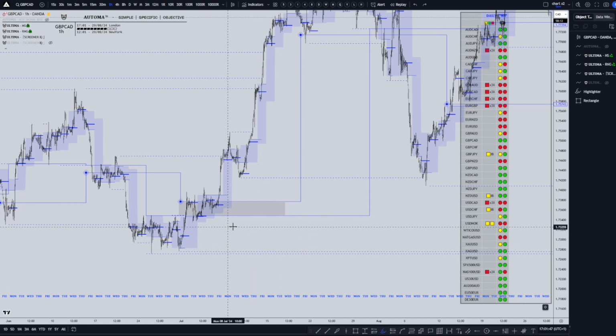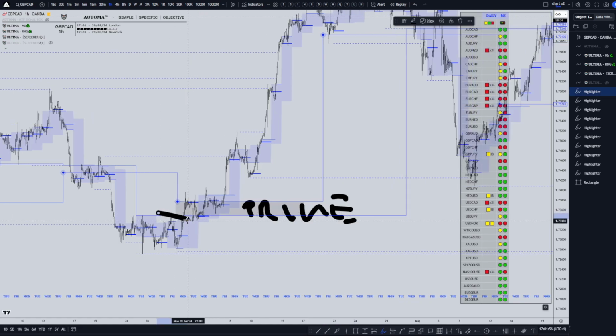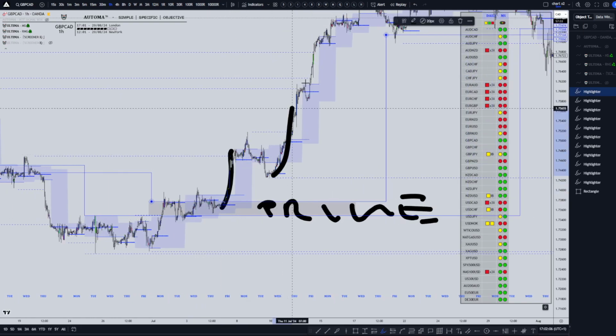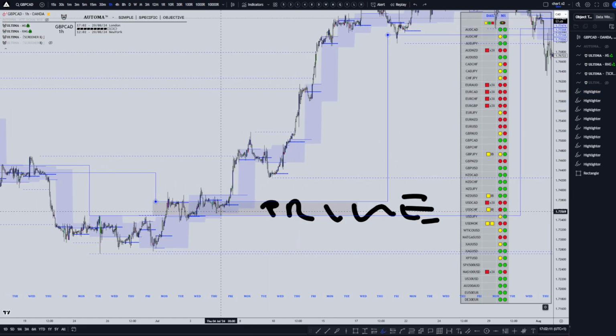So basically at this point you have a prime setup. This pair is primed up, market structure bullish, power index bullish. After this line you want to see how daily ranges deliver the intention of market structure to go higher. So what you're looking for is low of the day, daily golden templates, weekly golden templates, right?